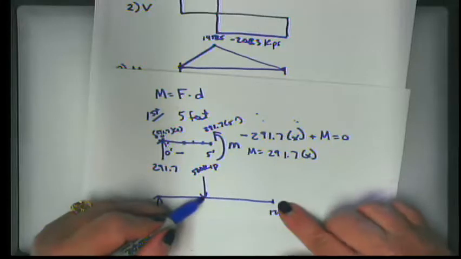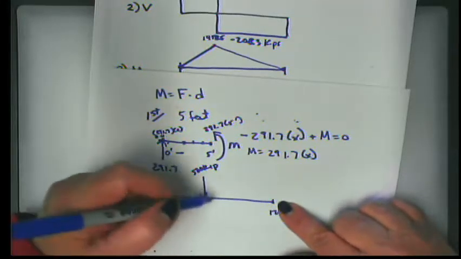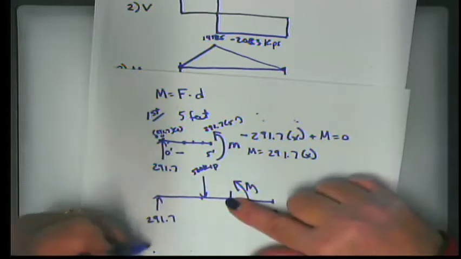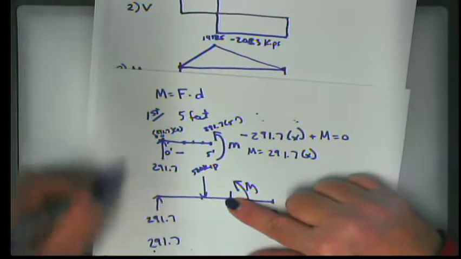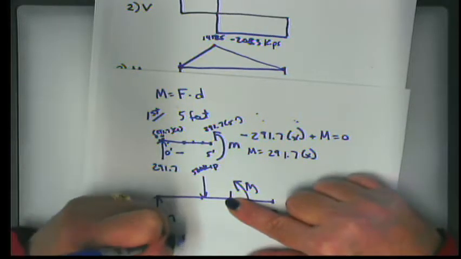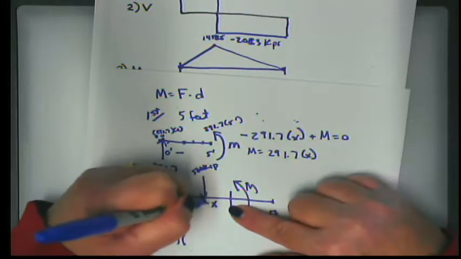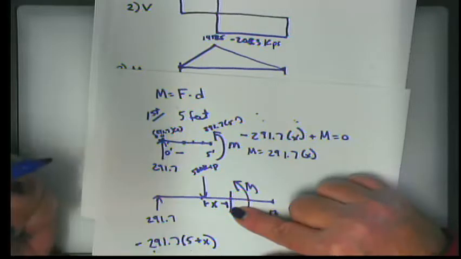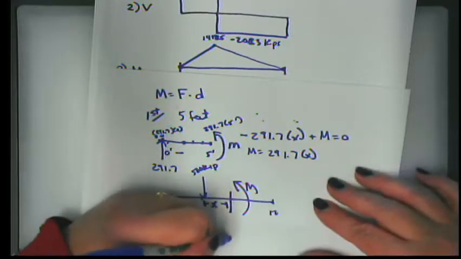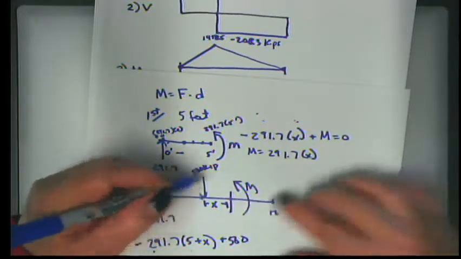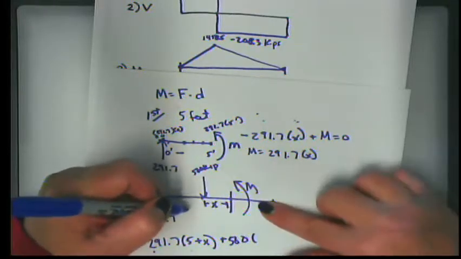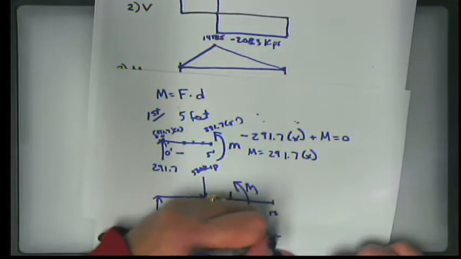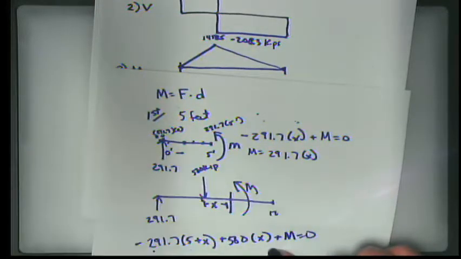Everywhere from here to here, when we cut here, and I put a positive moment here, I have 291.7, which is clockwise, minus, if I call this x, 5 plus x, and then the 500 moment is 500 times x, since it's only operating from 5 feet in, so that's x plus m equals 0.